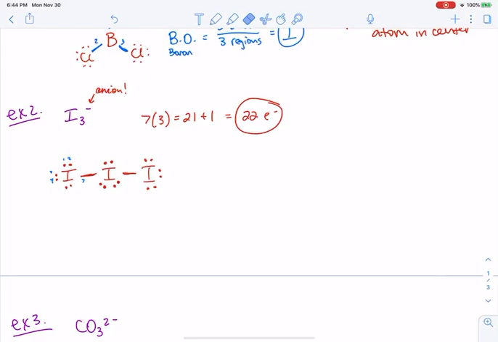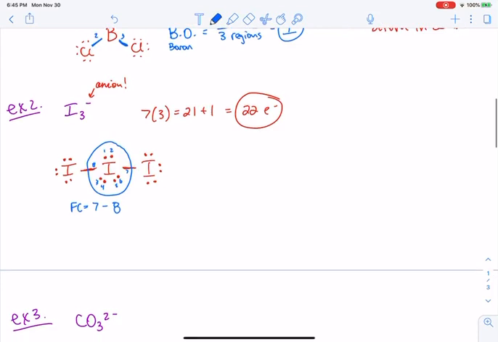But let's check the central iodine. So we have 1, 2, 3, 4, 5, 6, 7, 8. Iodine is in group 7, and there are 8 electrons in there, which means it has a -1 formal charge. That is where that negative charge is coming from.